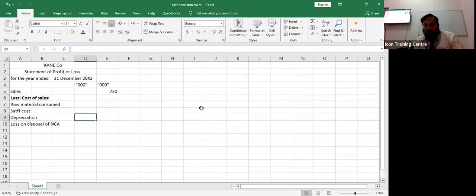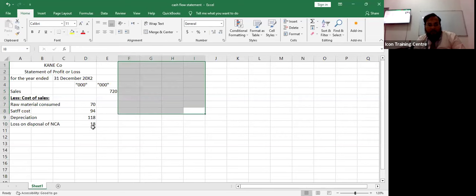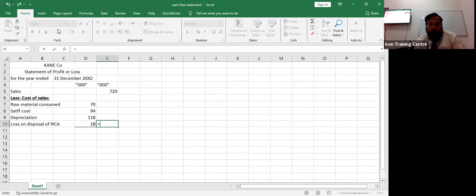NCA stands for non-current assets, right? So the raw material is 70, staff cost is 94, depreciation 118, and loss on disposal 18. So the total is 300.